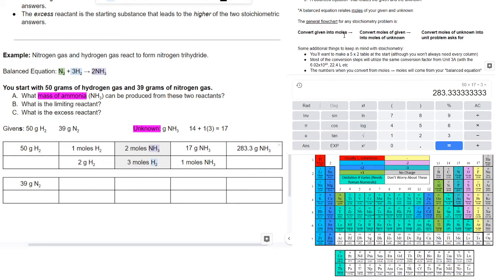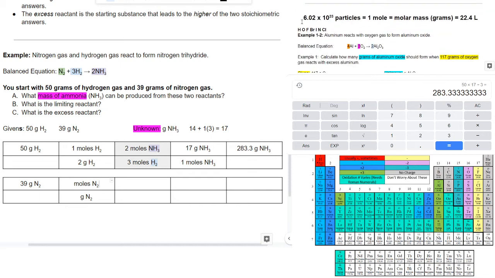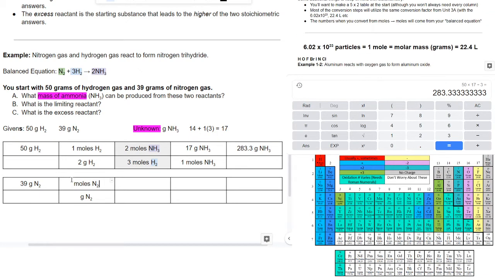And so now we're going to redo the process, which is going to be similar in a lot of ways, but for our nitrogen given. So again, we'll bring our grams of N2 down. And again, first step, convert our given into moles. So that means moles, this time of N2, not H2, on top. Using this conversion factor to get our numbers: 1 mole, molar mass of nitrogen is 28, since N2.